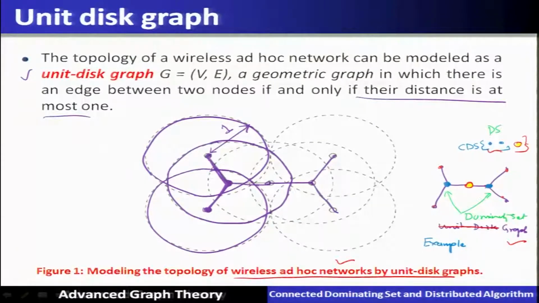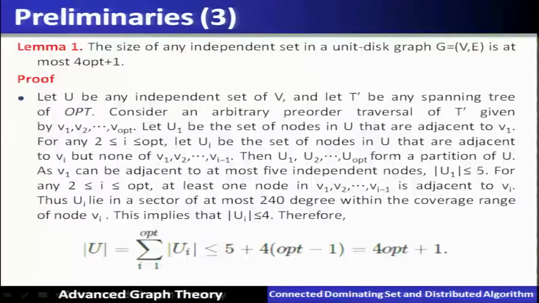The subgraph induced by this dominating set is also connected, hence it is a connected dominating set with 3 nodes. So, through the algorithm we have to find the connected dominating set of the minimum size, and that will be our problem in this particular lecture.